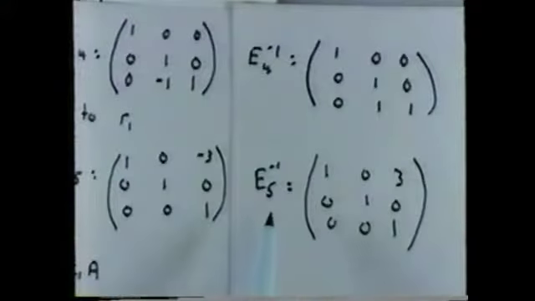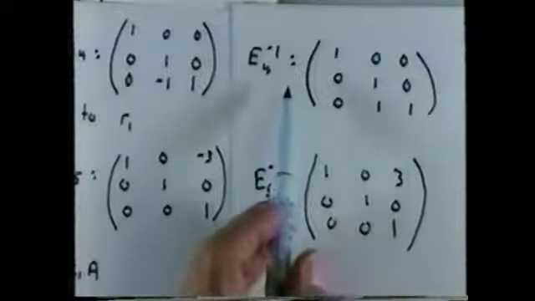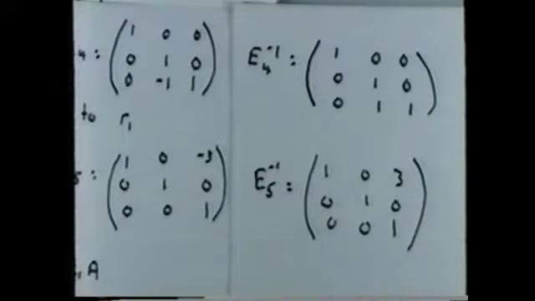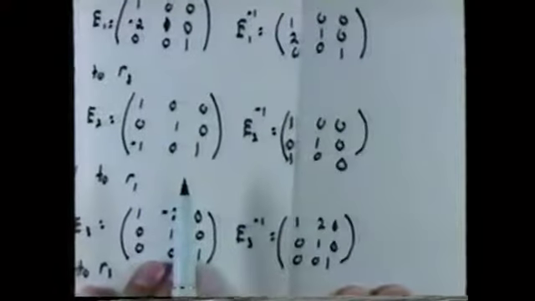Now I have E5 inverse, E4 inverse, E3 inverse, E2 inverse, and E1 inverse.